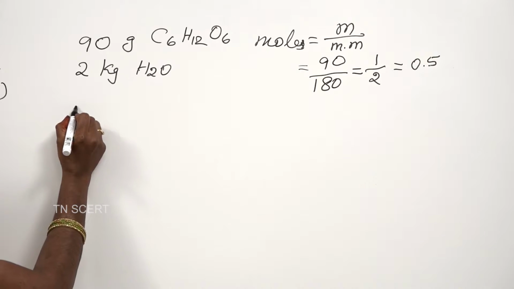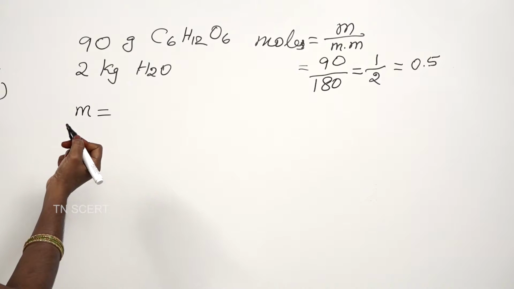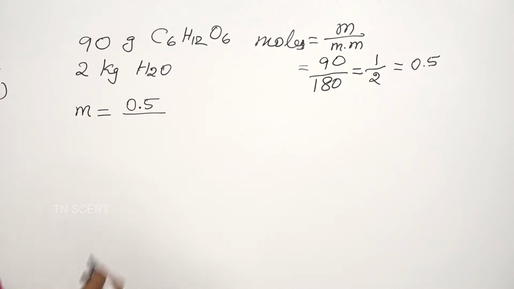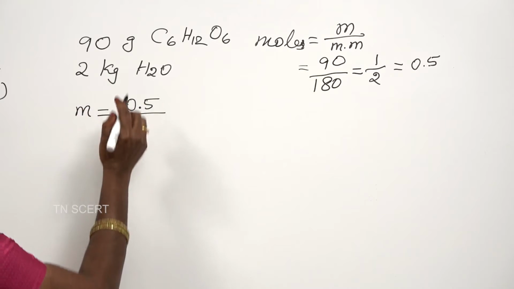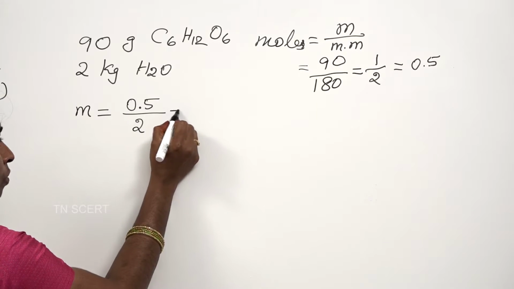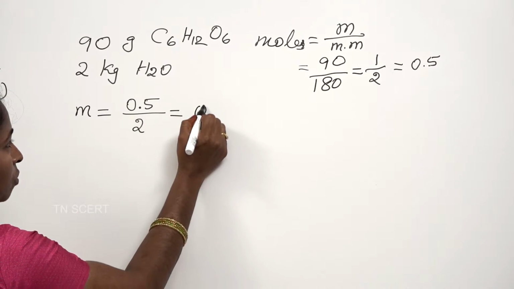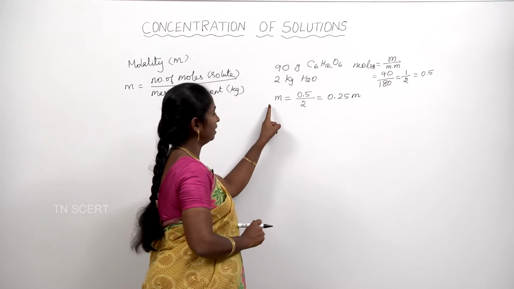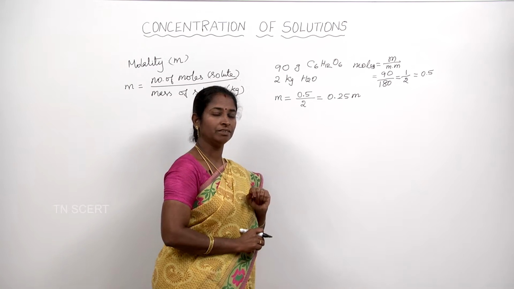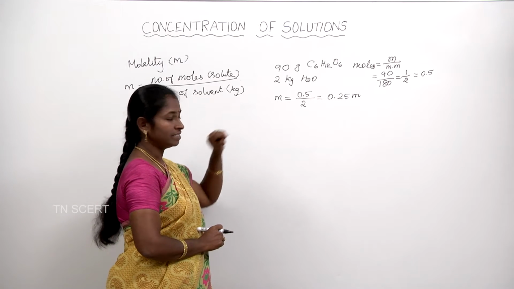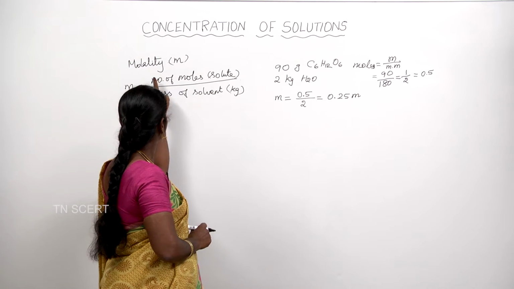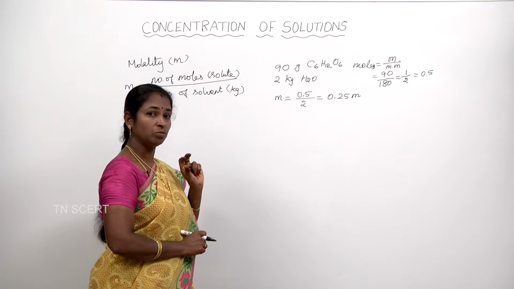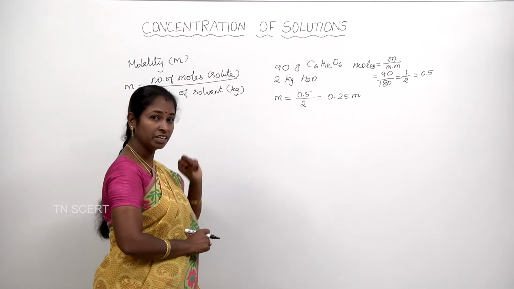So, the molality of the above solution is m equal to number of moles 0.5, mass of solvent is 2 kilogram, so divided by 2, which is equal to 0.25 m. So, the molality of the solution is 0.25 m. Here in molality, the amount of solute is expressed in moles, amount of solvent is expressed in kilograms.